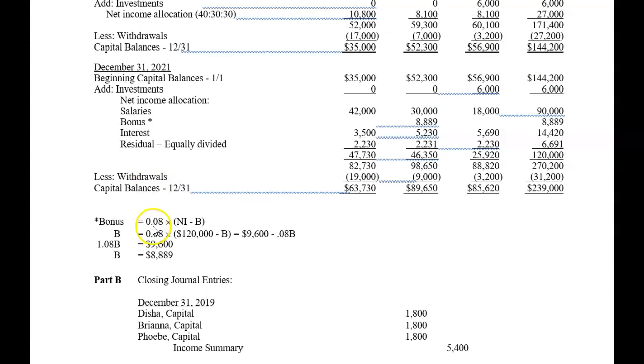So her bonus is 8% times net income minus bonus. So you have to do a little bit of extra math here. 8% times the 120,000 net income minus the bonus is equal to 9,600 if you separate out the pieces in the parentheses. 8% of 120,000 is 9,600 minus 0.8% of the bonus.